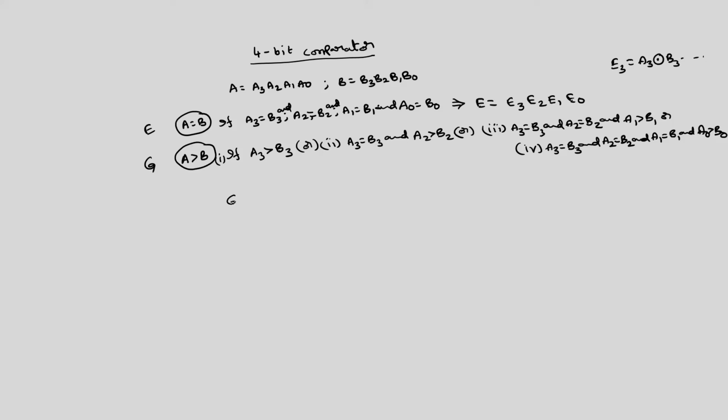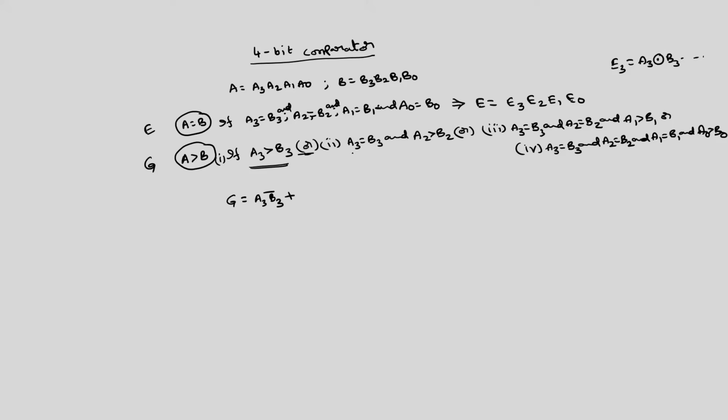So, what is the expression for G? You can directly write the expression. A3 greater than B3 means A3 B3 bar. You just map this statement onto the Boolean expression.